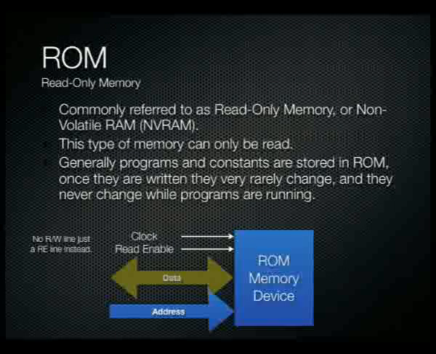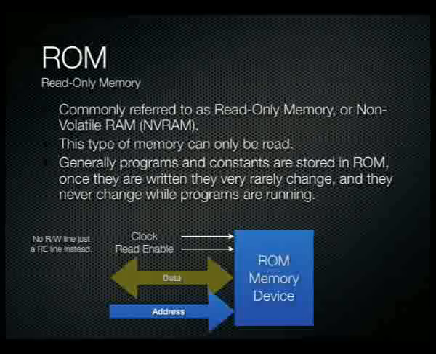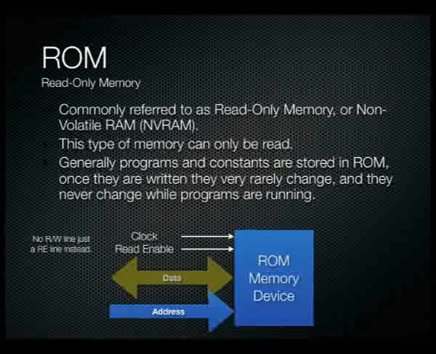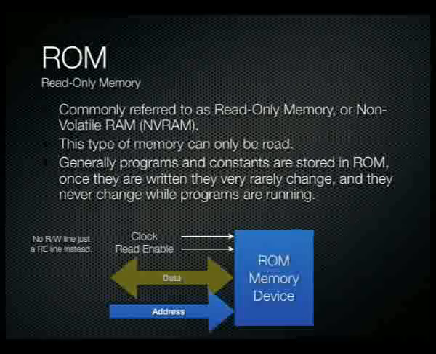I've shown the data as a bidirectional bus, but really it only goes in one direction, away from the device towards the microprocessor. But as I said before, there are situations when we can actually write to ROM, so I've left it here as a double-headed arrow, because traditionally it was only a read-only device, but there are situations when we can write to these components.